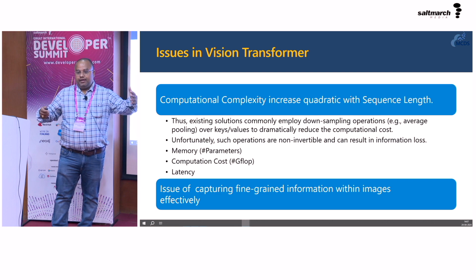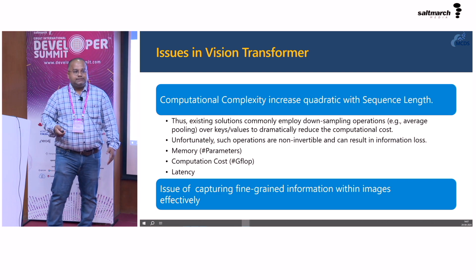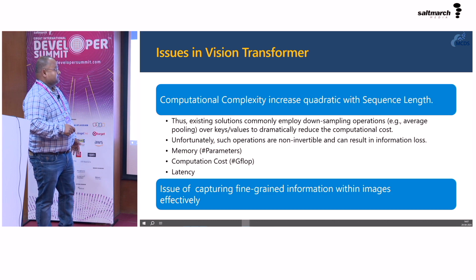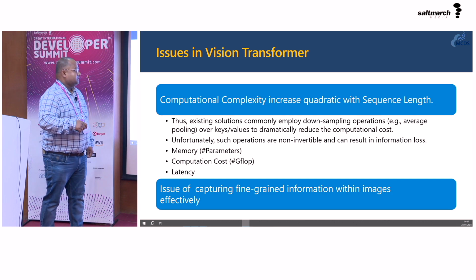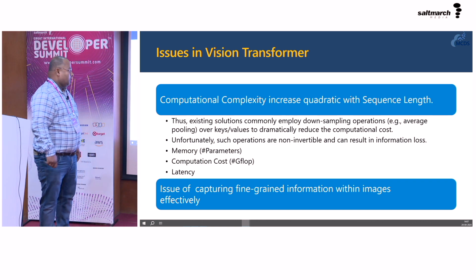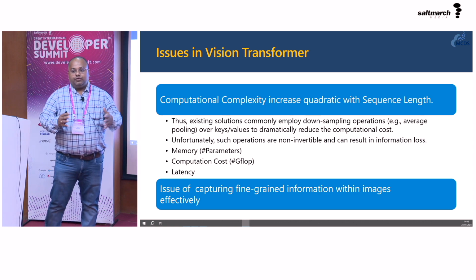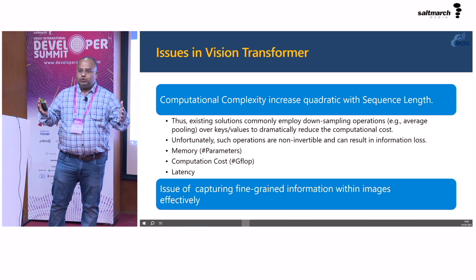When you have more than 1 million tokens, the quadratic complexity becomes a very huge cost.